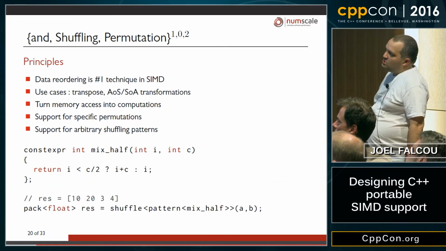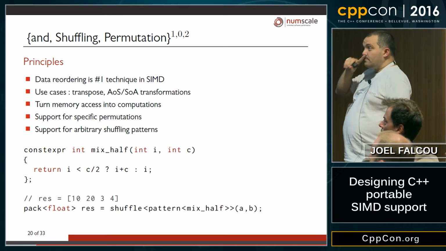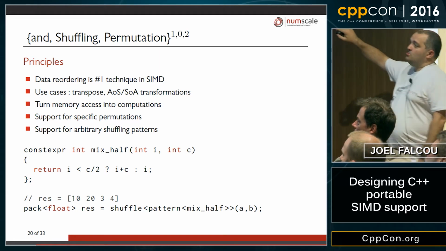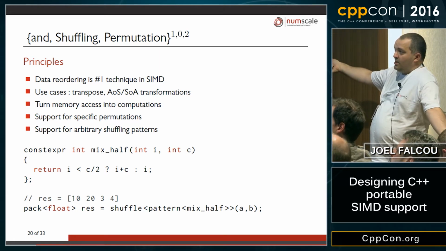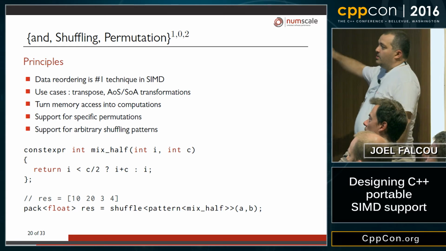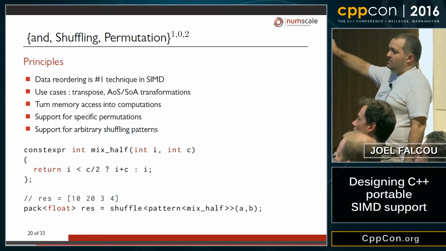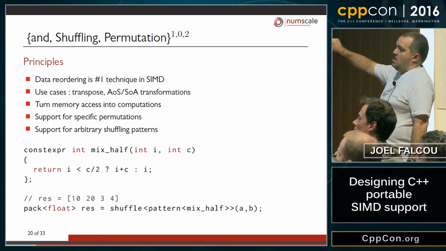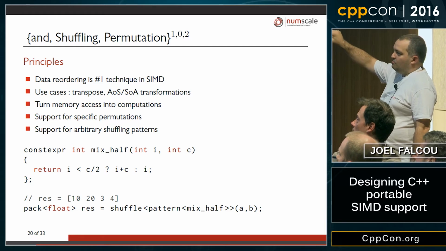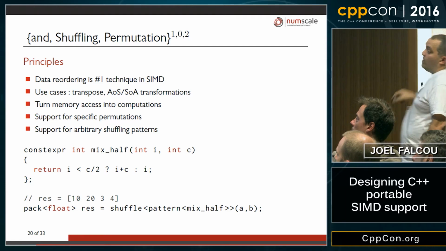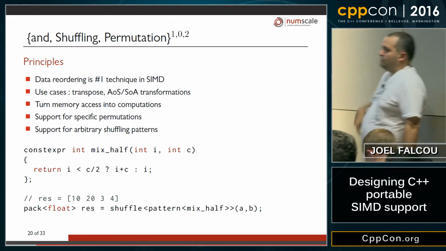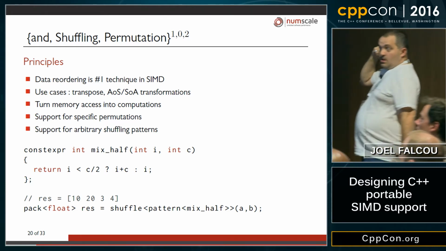It's still a bit cumbersome because you have to write this kind of non-natural meta function. So another way to do this is to use a constexpr function. It starts to be a bit better. You write your permutation function like an actual function, and you just have to wrap it into these pattern types and pass it to shuffle. And we basically do what it says, compute whatever indexes from there and shuffle it. So why do we need a pattern there? You have to thank Visual Studio for that.